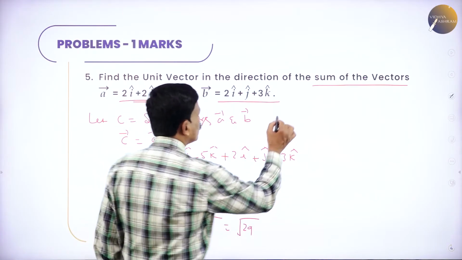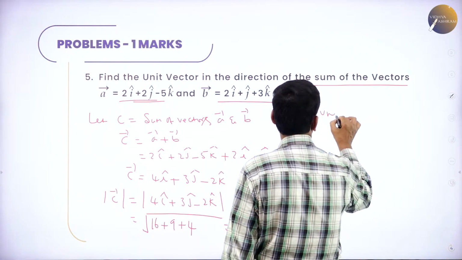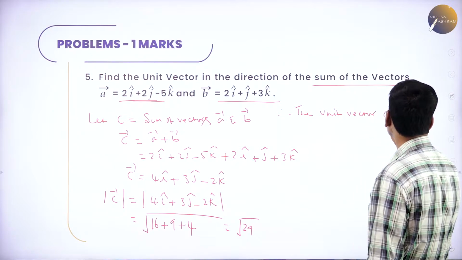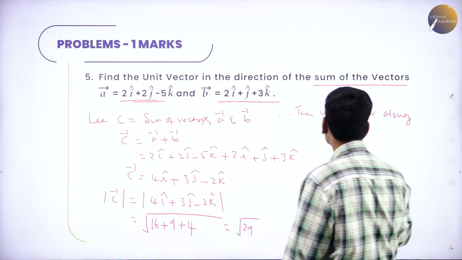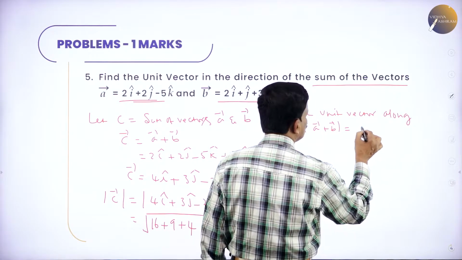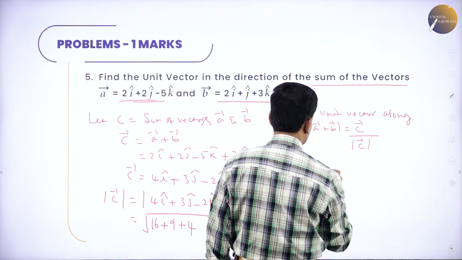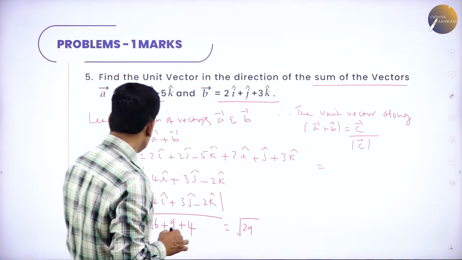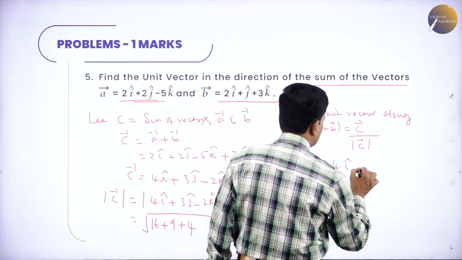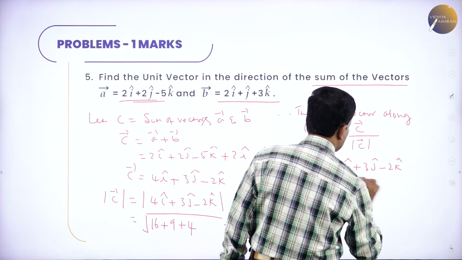So therefore the required unit vector along the sum A plus B is equal to vector C divided by the length of C. What is C? Vector C is 4i plus 3j minus 2k, divided by its own length.